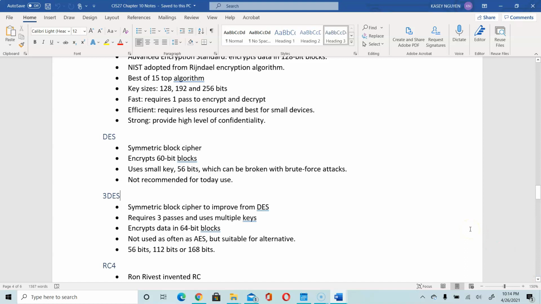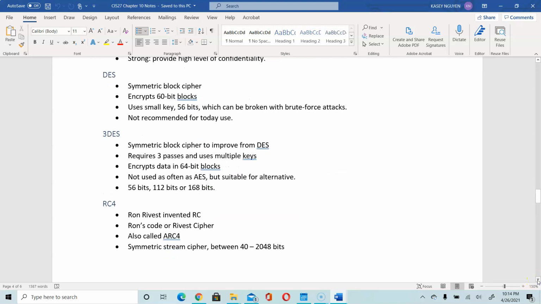It requires 3 passes using multiple keys. So each pass would require each key going from encryption to decryption. It encrypts data at 64-bit blocks. It is not used as often as AES, but is suitable as an alternative. So the key sizes for this would be 56-bit, 112 bits, and 168 bits.